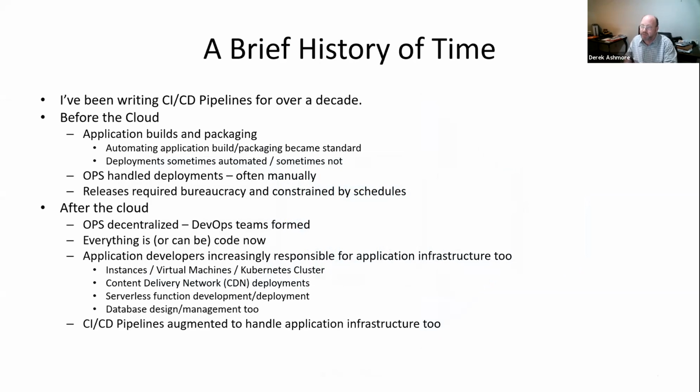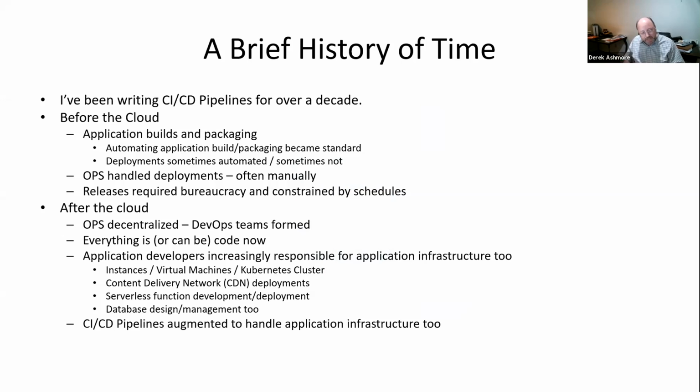Brief history of time. I've been writing CI/CD pipelines for well over a decade, since before it was really cool. Before the cloud, pipelines were primarily build, and some of the more advanced customers would do deployments, but it was primarily builds and packaging.